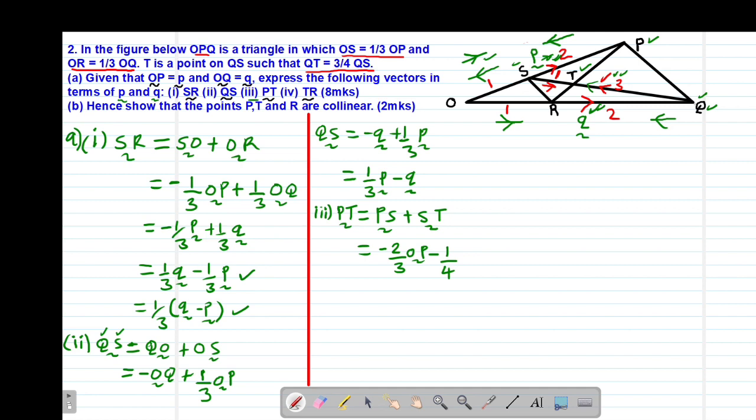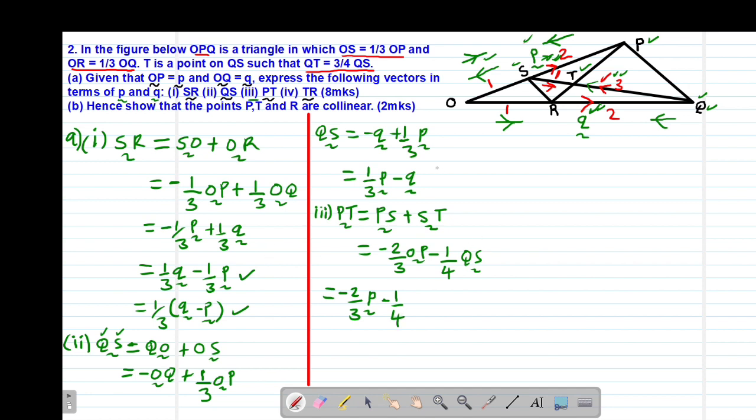So negative a quarter of QS, which will be equal to negative 2 over 3 vector OP, which is actually vector P. So this is negative 2/3 vector P, then minus a quarter of QS.